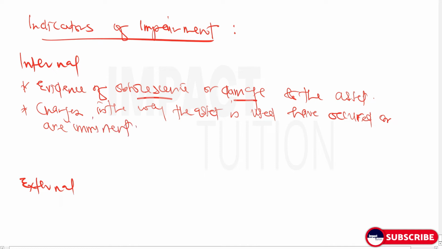Maybe there is this one asset that we were using continuously for production, and we've stopped using the asset continuously, maybe once in a while. So there's a drastic change in the way the asset is used, and that may be an indicator of impairment.